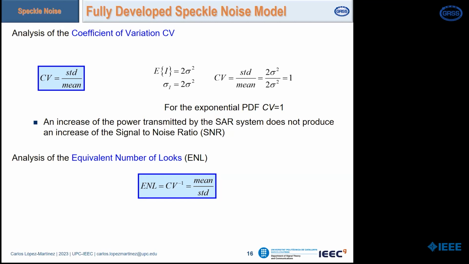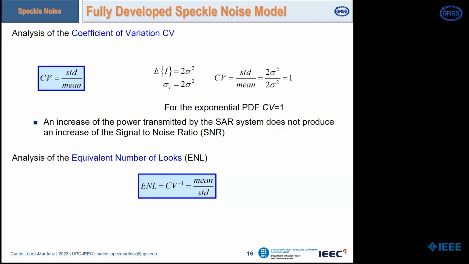How do I measure the speckle noise? What I can do is calculate the coefficient of variation, which is the standard deviation against the mean value. If I plot it, this has a value equal to 1.